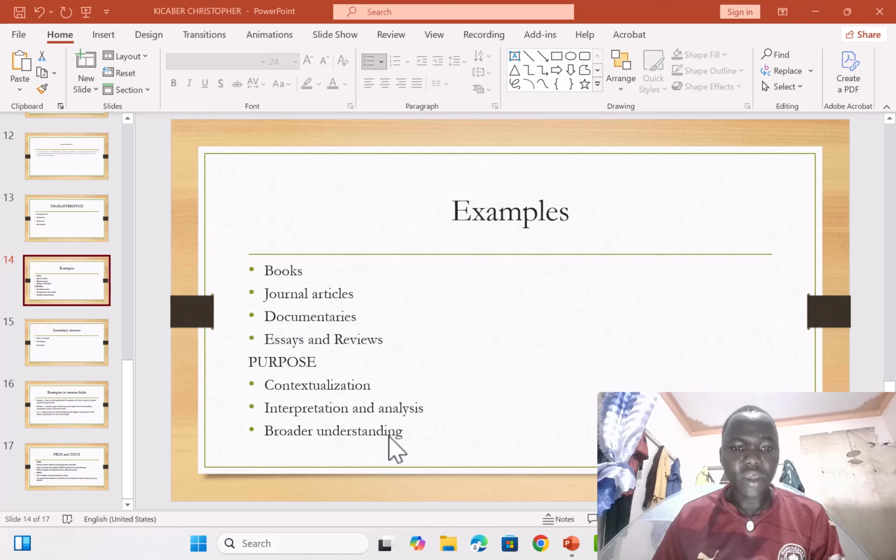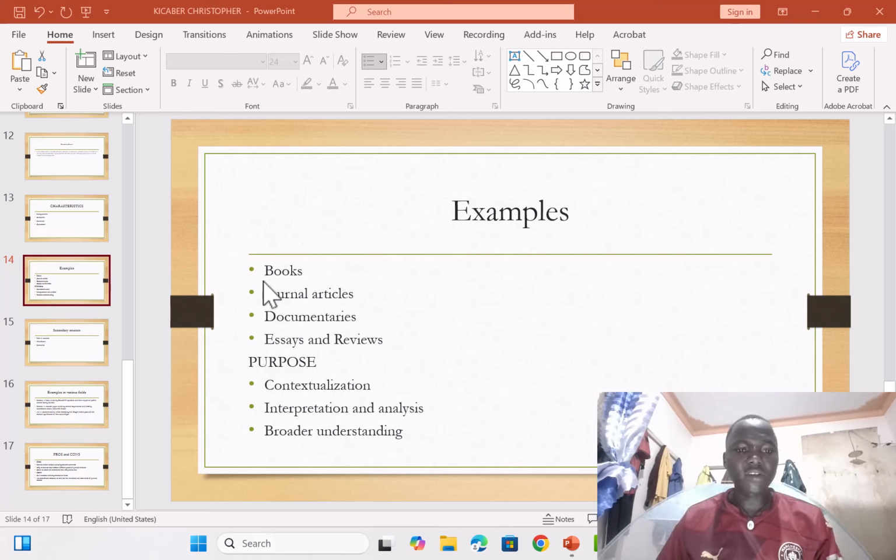Broader understanding enables researchers to get more detailed information, so secondary sources widen their thinking capacity and give them a wider knowledge of the information. Those are the purposes of secondary sources.